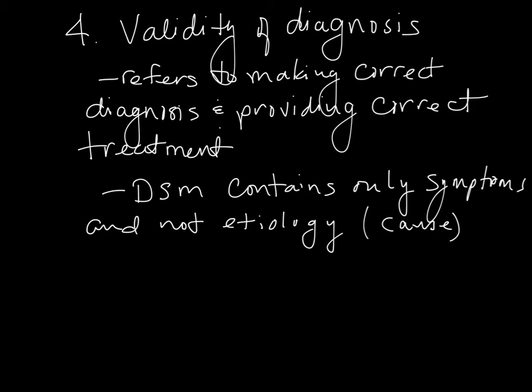It's not just the correct diagnosis, but the correct treatment to go with that diagnosis. When we have diagnosed the person, and we'll just use depression again, and we are treating that person with the correct medication, and that person is responding to it, then we have made a valid diagnosis of this particular problem.